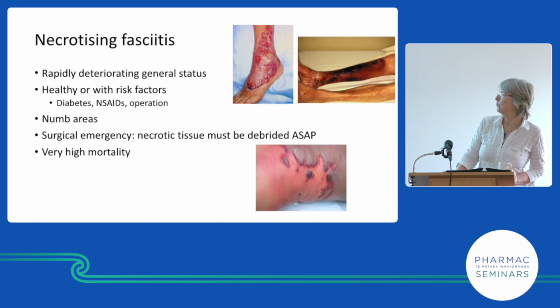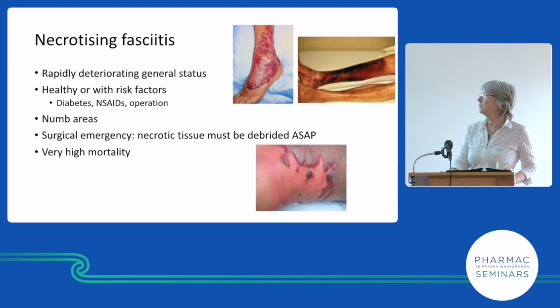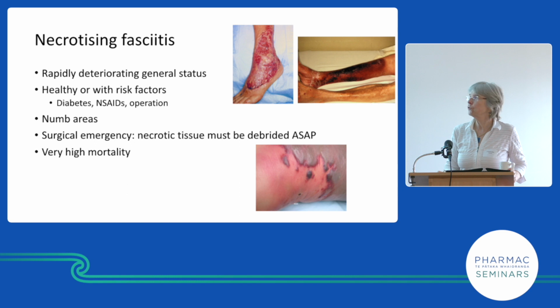If you don't remove all that necrotic skin, they are going to die. So it's an acute surgical emergency. It can be strep, can be mixed bacteria, can occur in fit, healthy people, but often they've got diabetes or some other predisposition. So you don't want to miss that one. Antibiotics are not enough. You need surgical debridement.